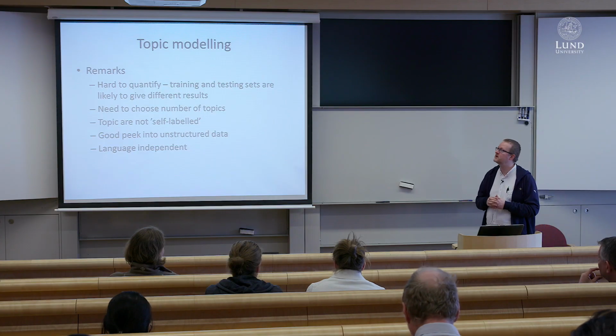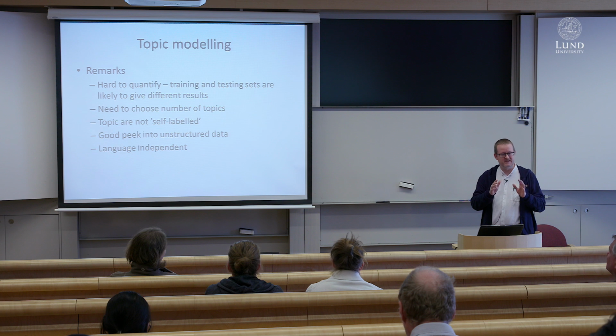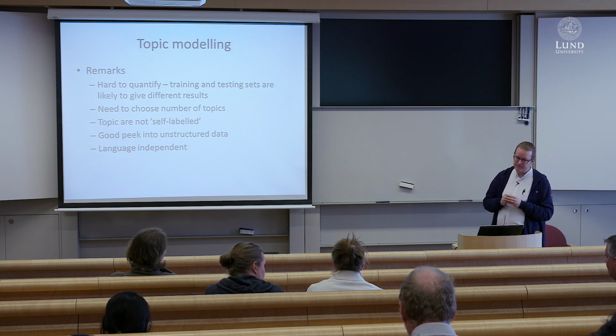Some remarks then about this topic modeling thing. This is something that needs to be interpreted in some way. It's kind of hard to quantify. Setting this up in a machine learning way, like you normally do with training and testing sets, is sort of difficult because it's so likely to give slightly different results.